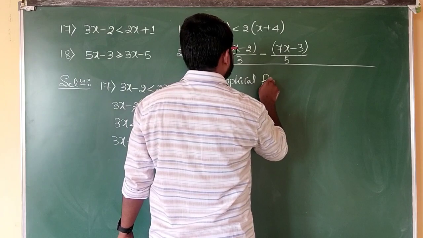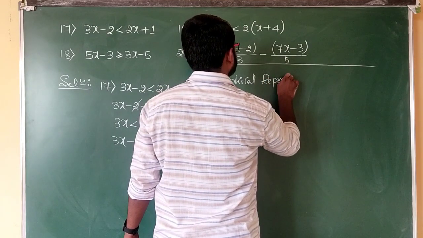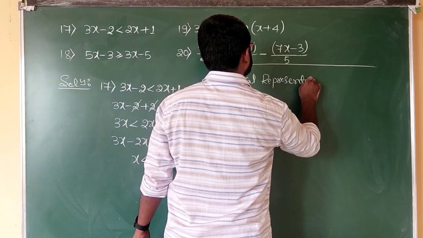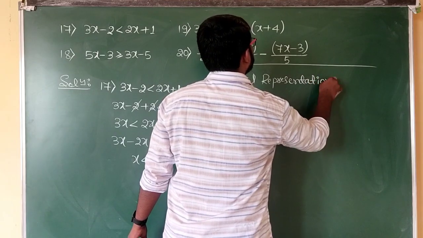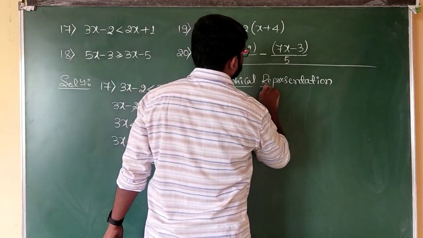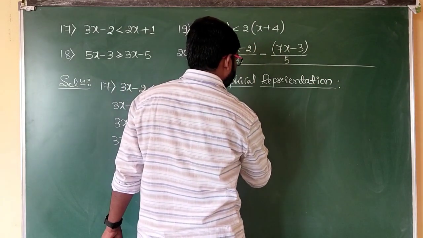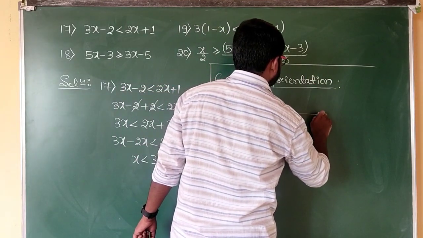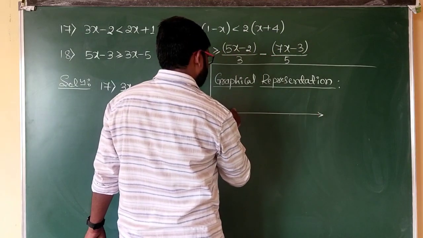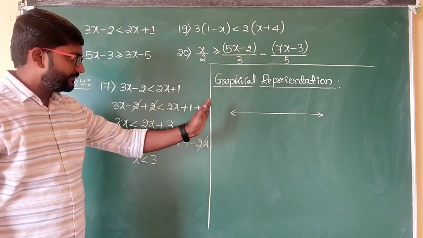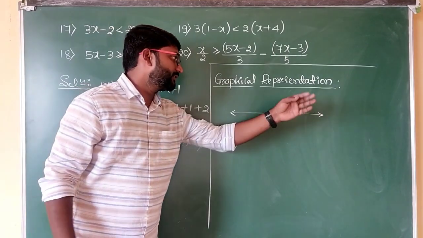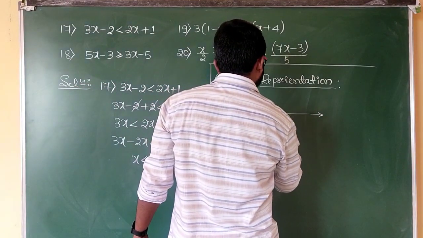Graphical representation of the solution. Now we have to consider the number line. On this side we have all the negative numbers and on this side we have the positive numbers. In between you have the 0.